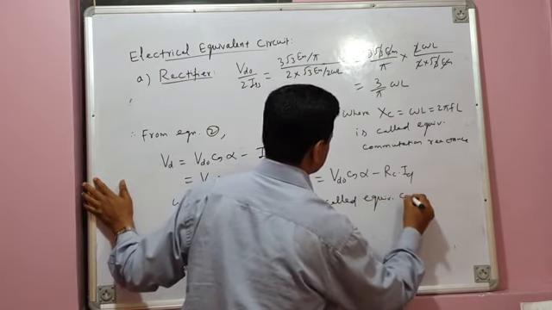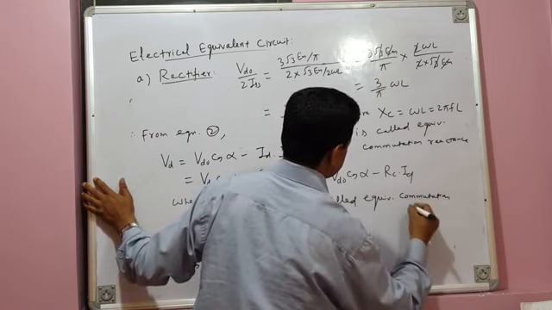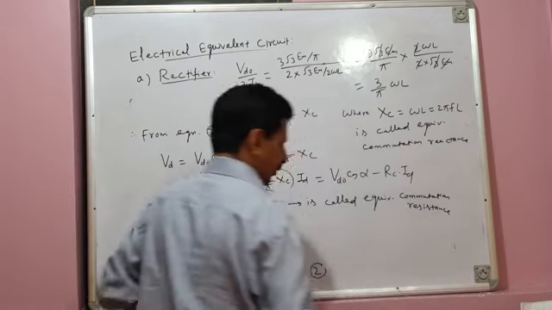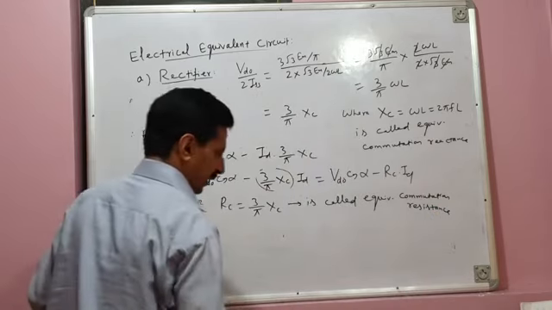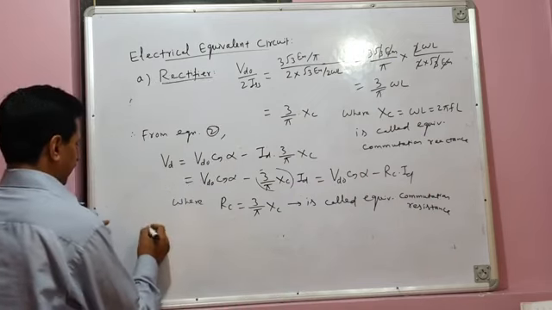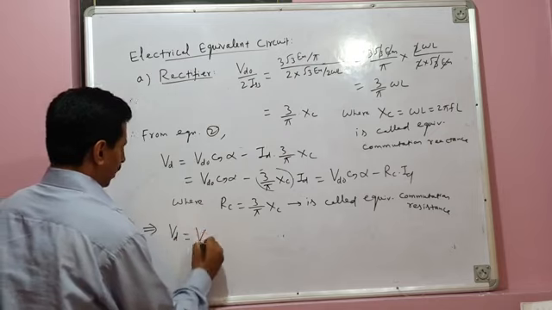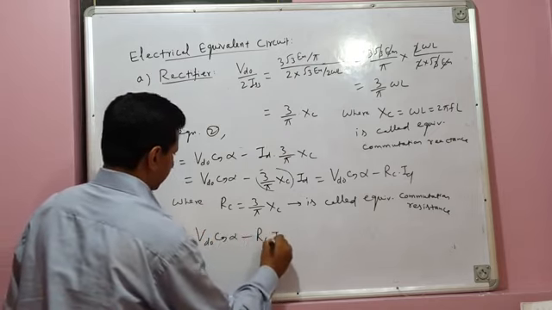So finally, my mathematical expression for converter acting as a rectifier is this: Vd is equal to Vd naught cos alpha minus Rc Id.